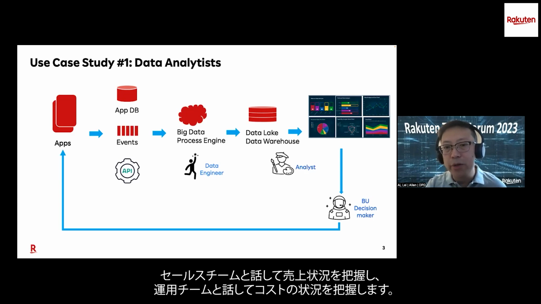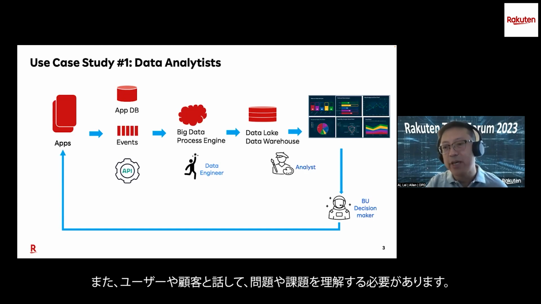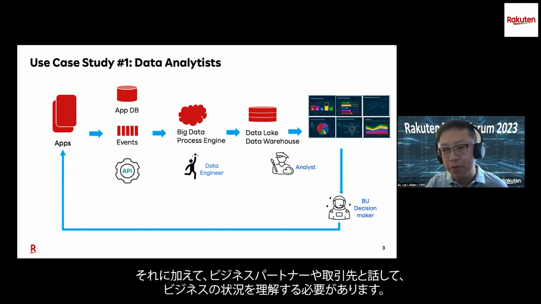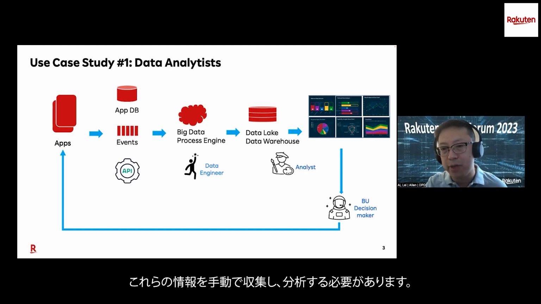Traditionally, you have to talk with different owners, internally and externally. For example, you talk with your sales team to understand how sales are going, and with your operation team to know how the cost is going. You also talk with your customers to understand their problems, and with your business partners to learn how their business is going, right?